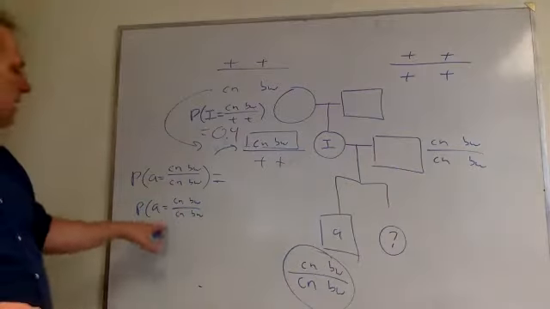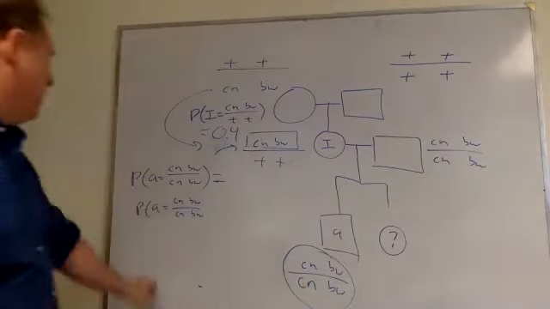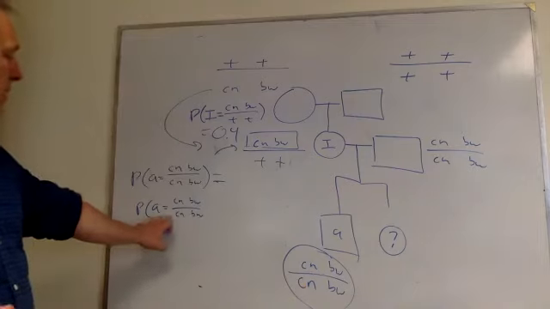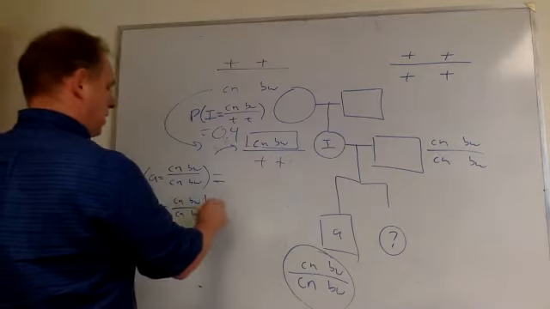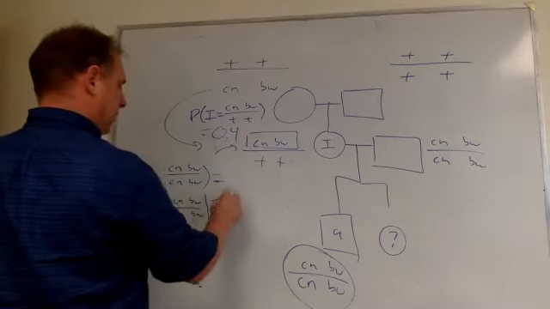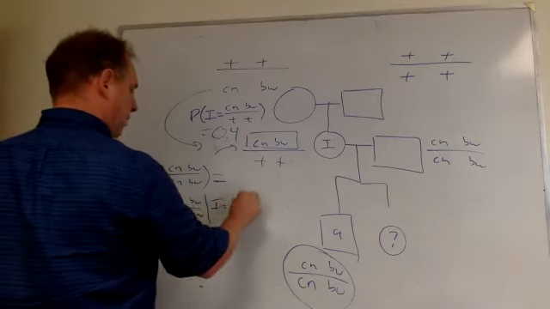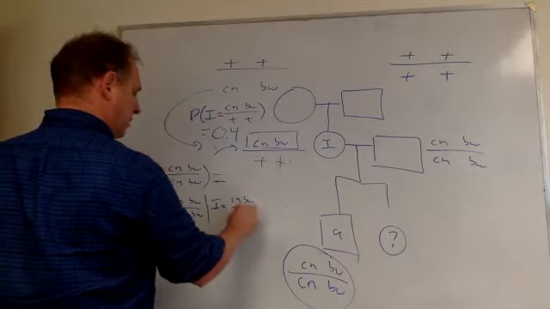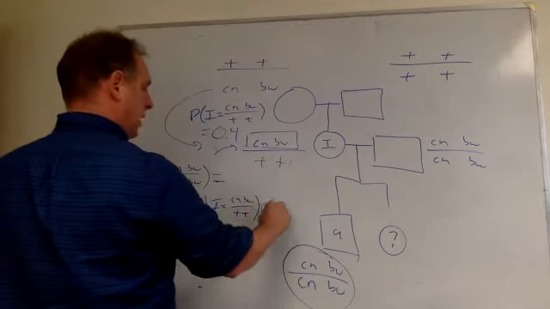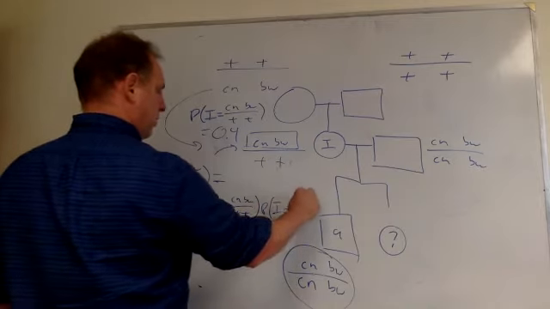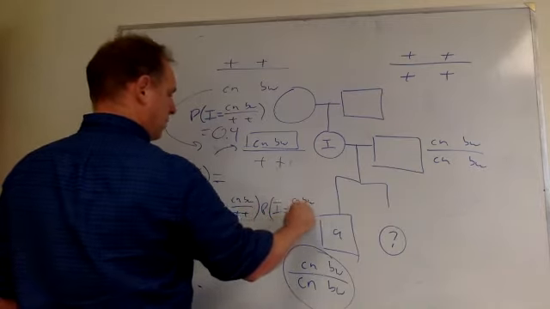So the probability that this in fact happens is the probability that this happened given that I is this particular genotype, Cinnabar Brown over plus plus, times the probability that that is in fact true, that I is Cinnabar Brown over plus plus.